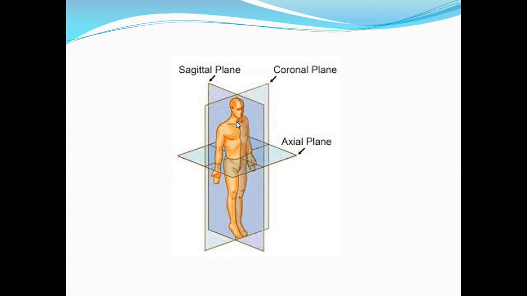It is not possible, because if the cut is from this place, how can the occipital lobe come in this region? And if the cut is from this place, only the frontal and occipital will come. How will the parietal come? So this understanding of the planes is very vital.